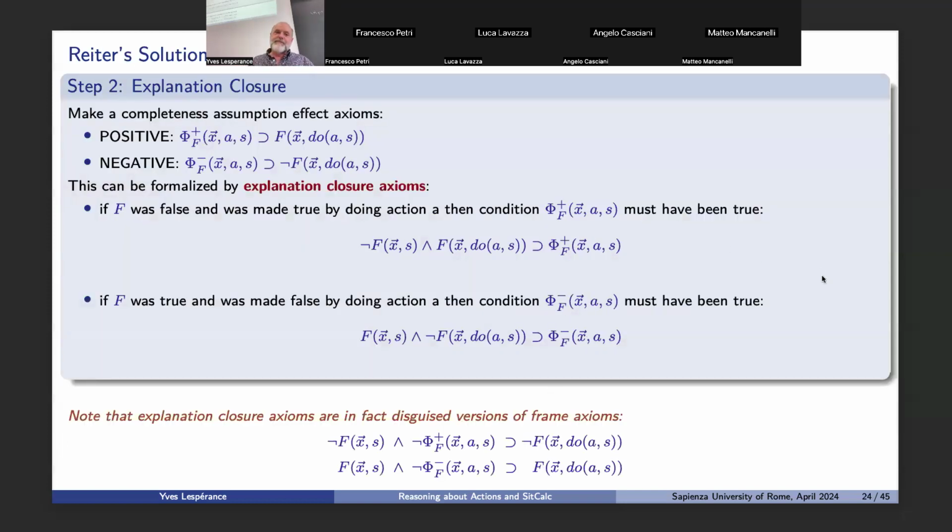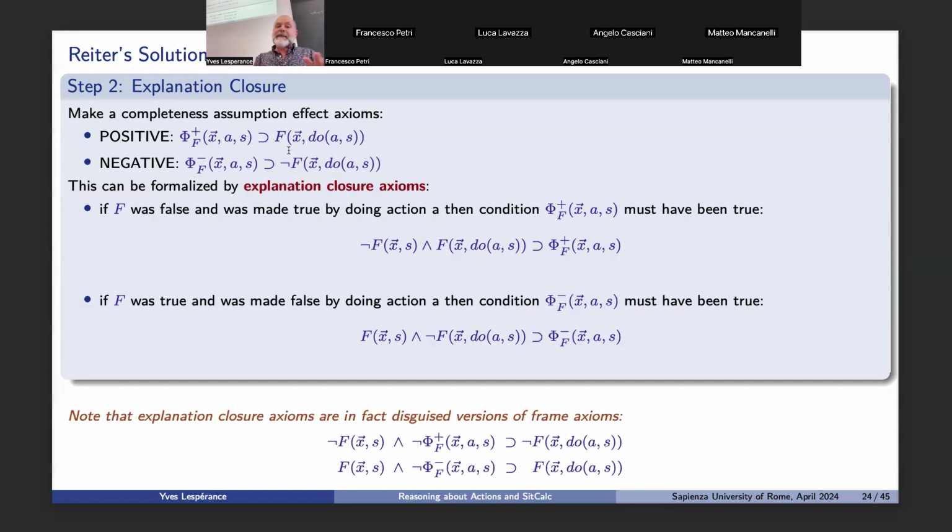The second step is to assume that the set of effect axioms that you wrote is complete. So there's no other effect that you forgot to write down. Because you want to say nothing else changed, and if you forgot to write something down where something changed, you're going to have a problem. So you want to be able to make this completeness assumption. So these are your positive and negative normal form axioms for the fluent.